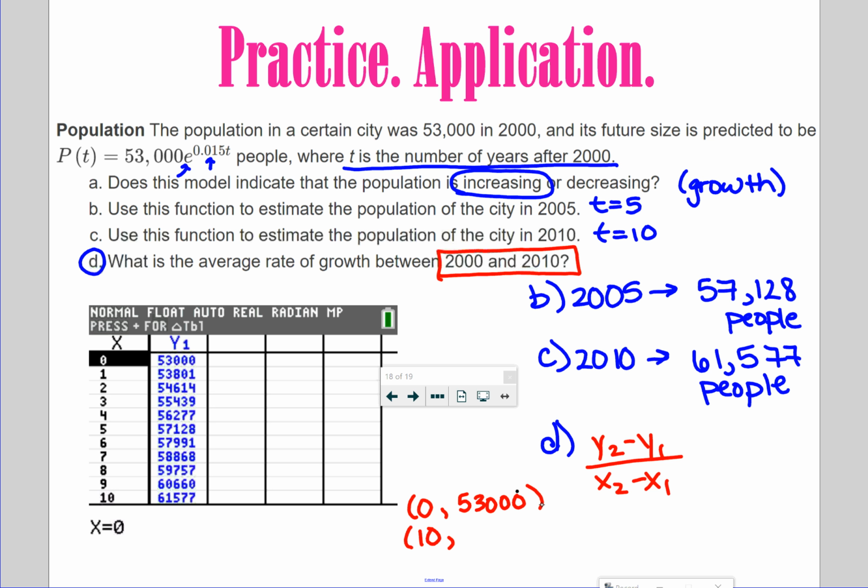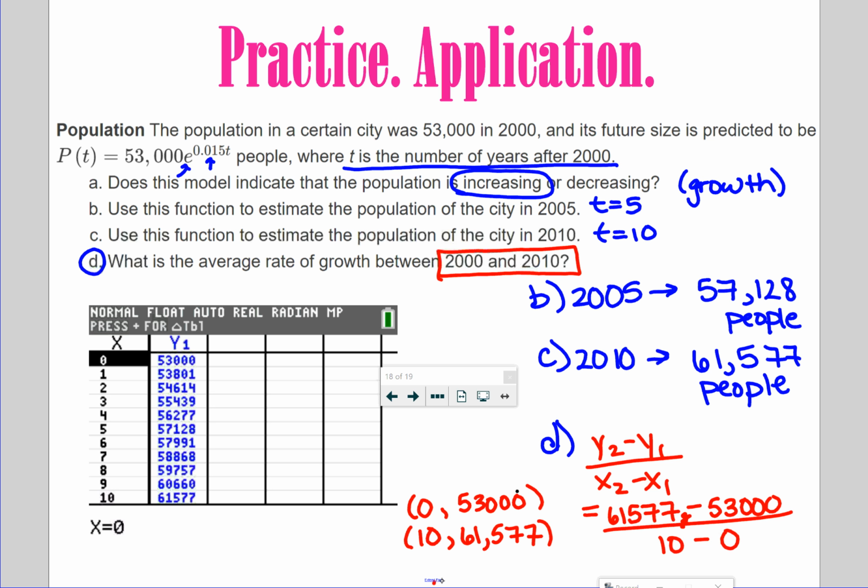And in year 10, or 2010, my population was 61,577. So setting up this formula now, y2 minus y1 would be 61,577 minus 53,000, over x2 minus x1, 10 minus 0.